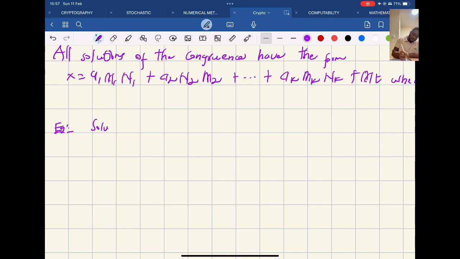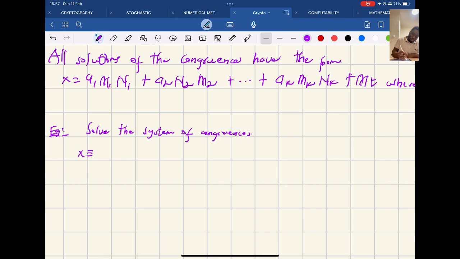solve the system of congruences. If you have x is congruent to 5 mod 7, x is congruent to 7 mod 13, and x is congruent to 12 mod 17.